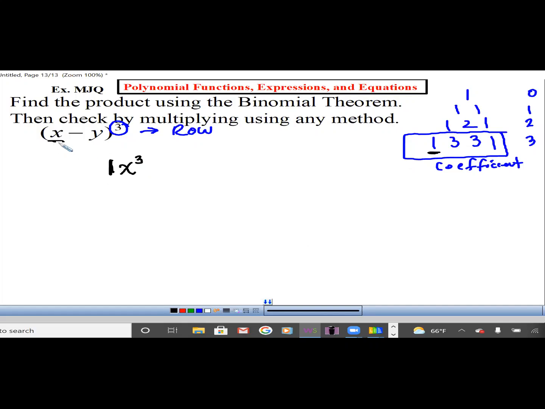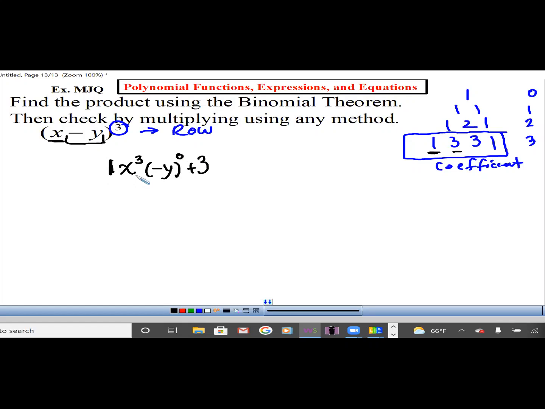From there, I'm going to go to the second term, but instead of writing to the 3rd power, that one I start to the 0 power. I'm done with the first one. I'm going to the next one, plus 3.